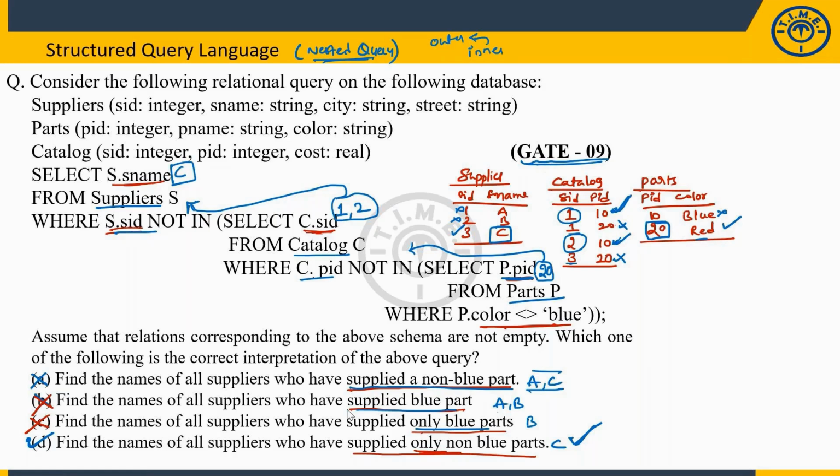This way you have to solve if there is a confusion in the question. And this kind of question requires some analysis, and you have to analyze this query by taking some sample data. For doing this, it will take some time. Because it takes some time, I don't suggest you solve this question in the first iteration of the paper.